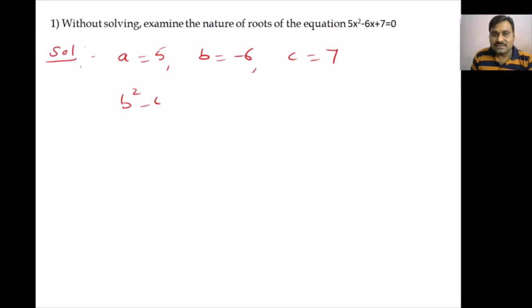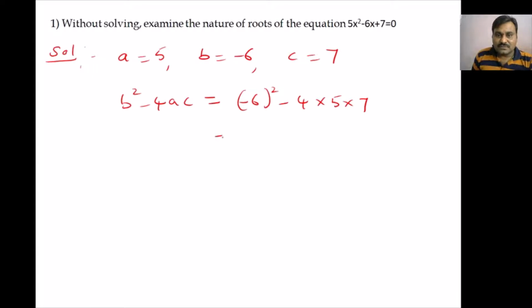Now find the value of b square minus 4ac, which is delta. What is the value of b? That is minus 6. So minus 6 whole square minus 4 into, what is the value of a? It is 5. What is the value of c? It is 7.